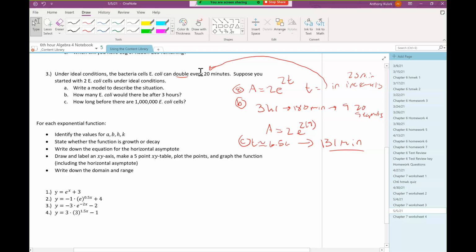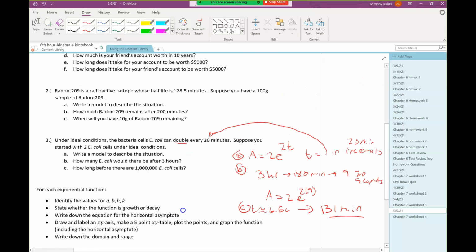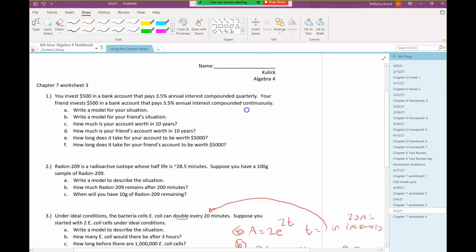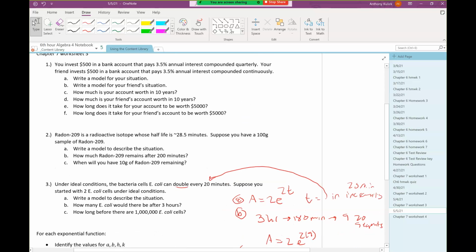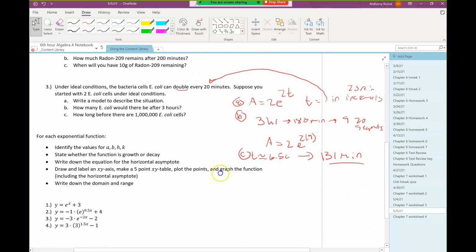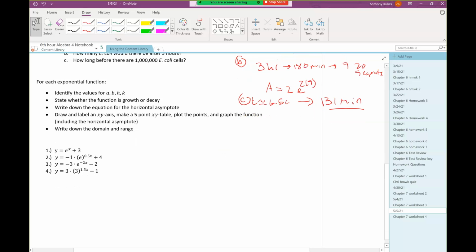Allie? Can you do number one where it's like y equals e^x plus 3? It's like not the whole problem. Oh, the graphing one? Okay. So a is 1, b is 1.